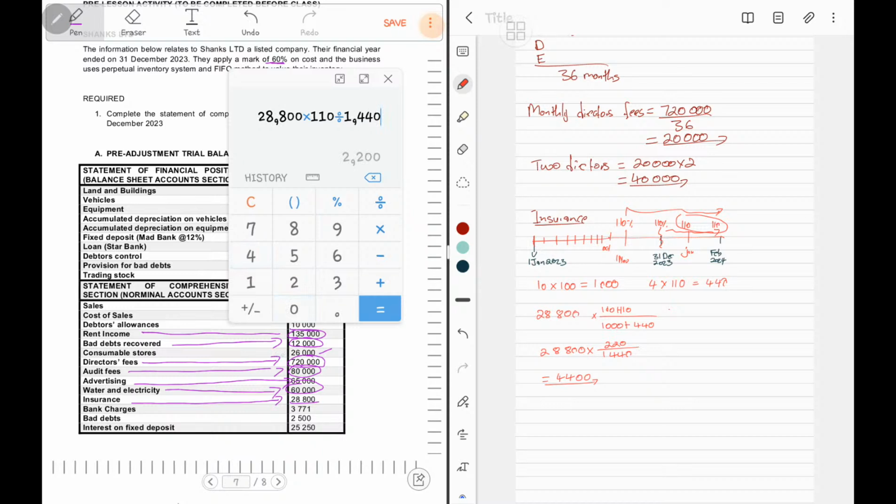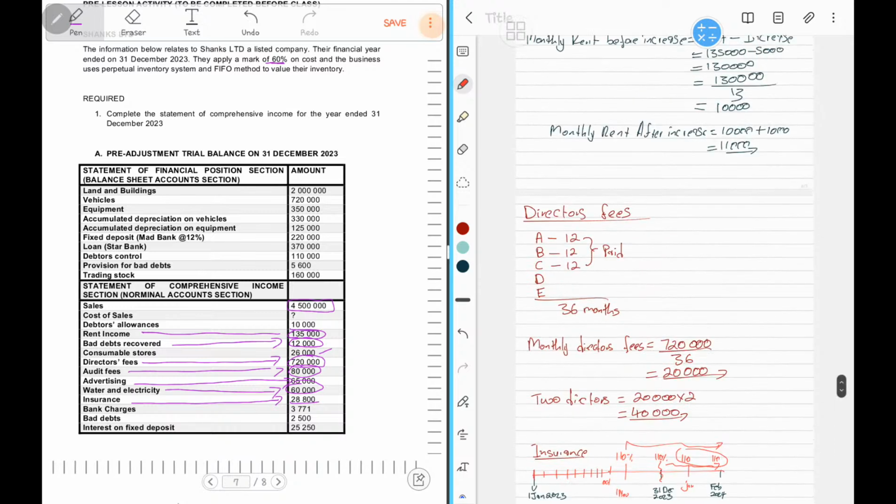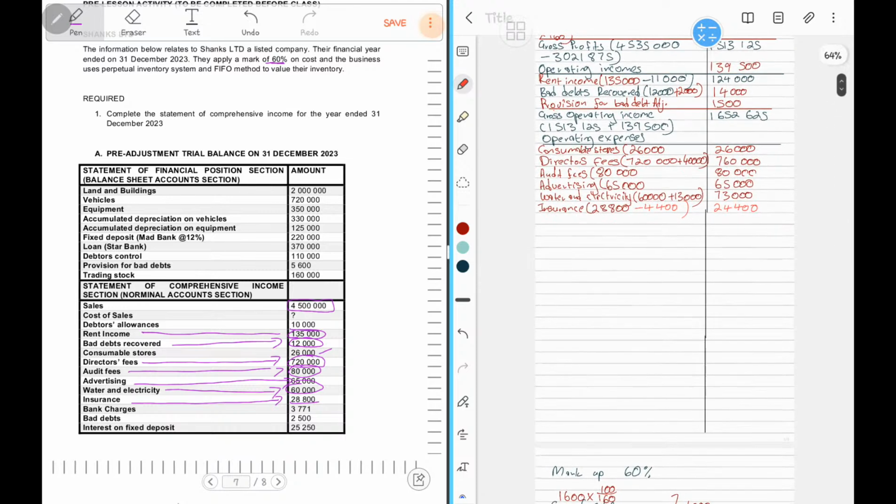It's 2,200. Then 2,200, we multiply by 2, meaning that each month. Okay. I hope you are covered there, Mkhize. Okay, then for insurance, I think we handled it very well.